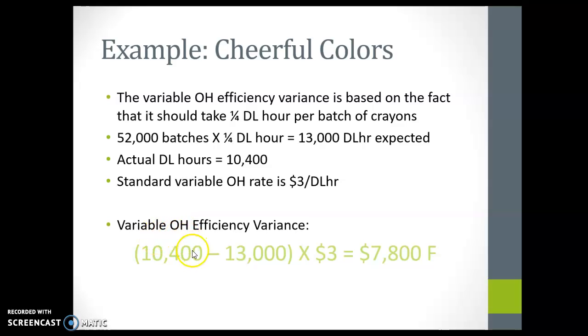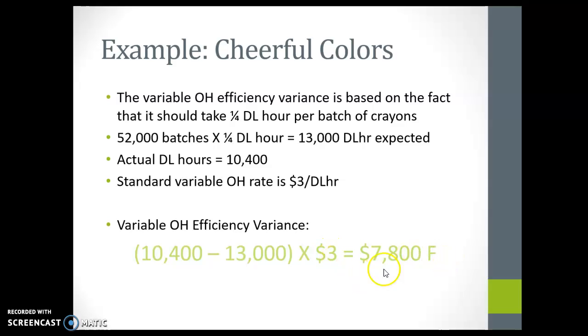So we take our actual quantity, 10,400 hours, minus the standard quantity that we thought we would use, which is the 13,000 hours, and we multiply that difference times the standard cost for overhead for direct labor, which is $3 per direct labor hour.